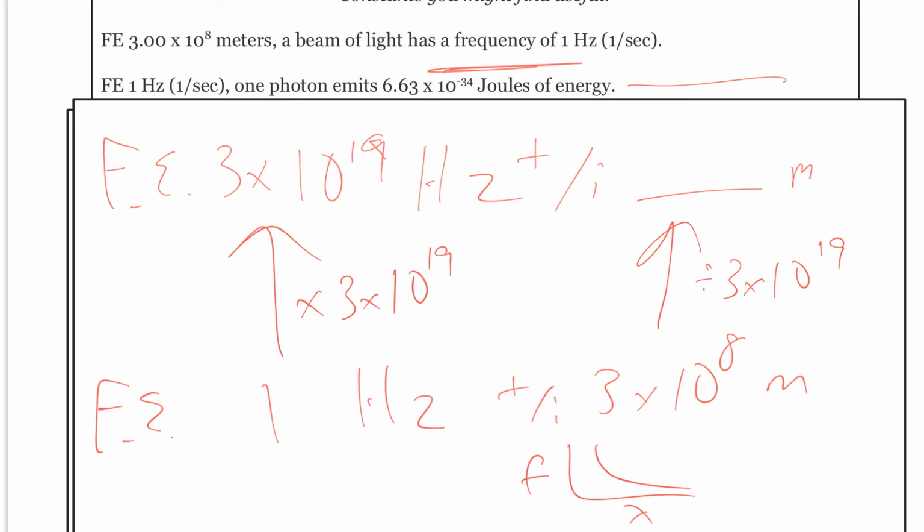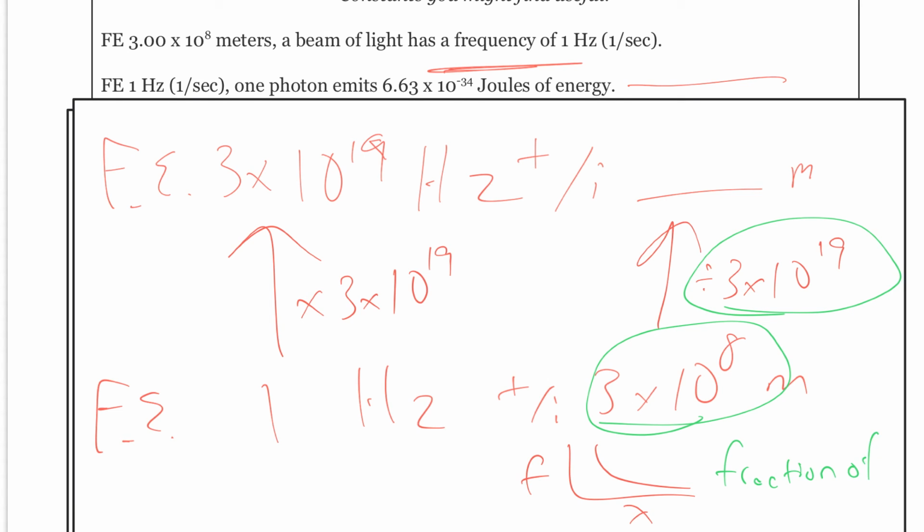So again, think about it this way. I've got a small number divided by a big number. That better be a fraction of 1. Okay? So 3 divided by 3 is 1 times, and this is where the fraction comes in. At 10 to the 8th, I've got 1 followed by 8 zeros, divided by 1 followed by 19 zeros.